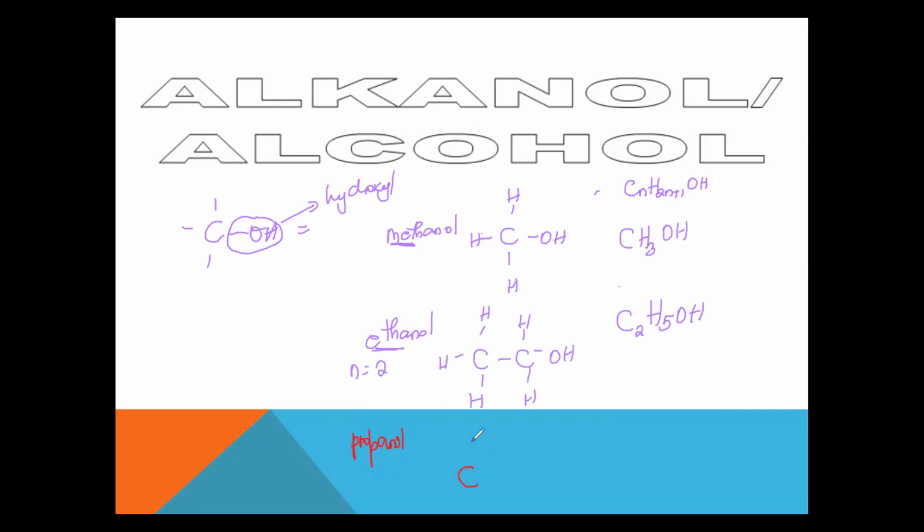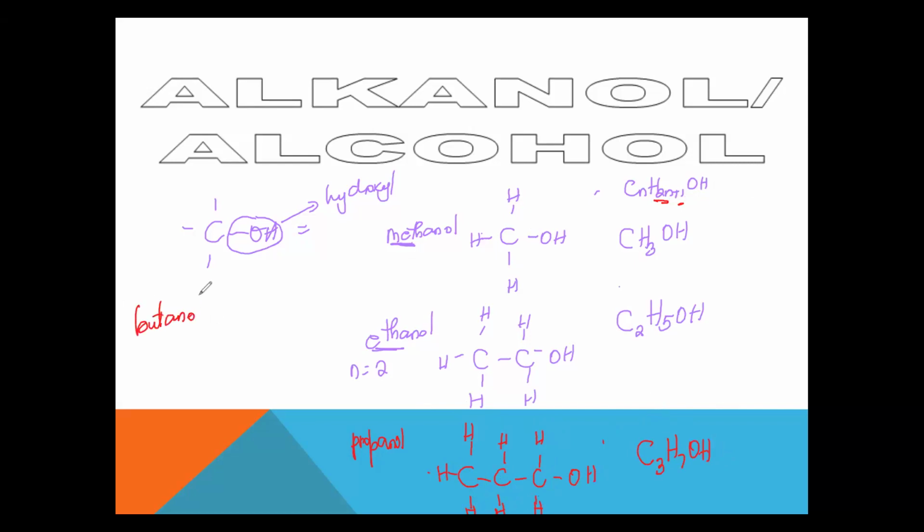Propanol has 3 carbons. And the molecular formula is C3, 3 times 3 is 6 plus 1, 7, C3H7OH.